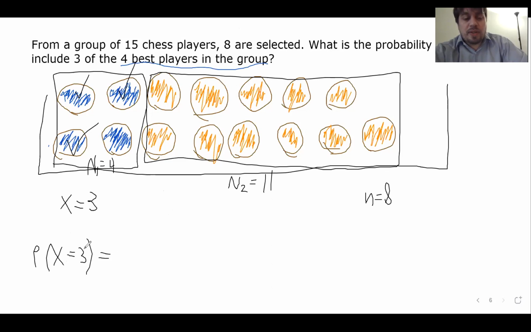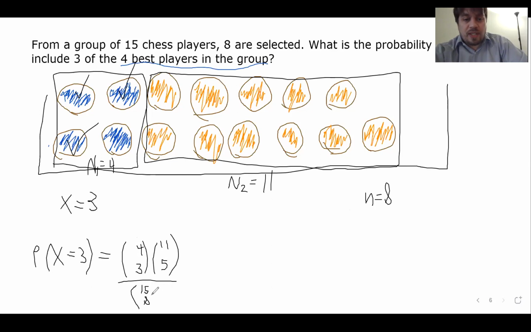So the probability that you choose 3 of the 4 best players, right? Again, there's 4 best players. You want to choose 3 out of the 4. There's remaining 11 players that are not the best. And if you choose 8 in total, and you've chosen 3 that are the best, you're choosing 5 that are not the best. So you choose 3 out of the 4 of the best and 5 out of the 11 that aren't. And you divide that by, well, you chose a total of 8 things, but it's out of the total 15 players.